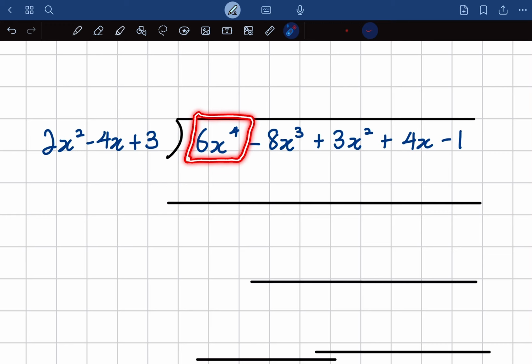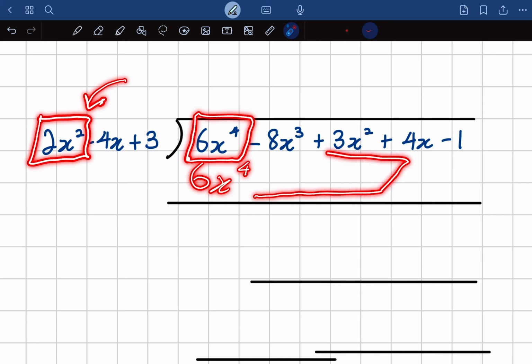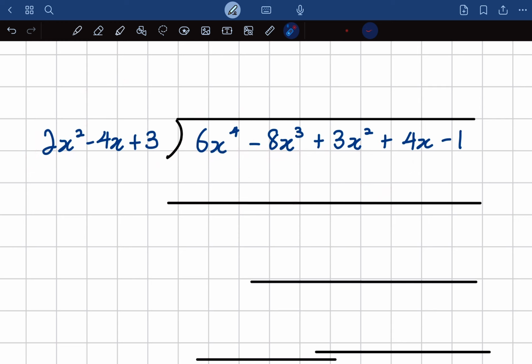By observation, I need to multiply 3x squared to this divisor so that I obtain 6x^4. This will help me get rid of the 6x^4, so I write 3x squared.